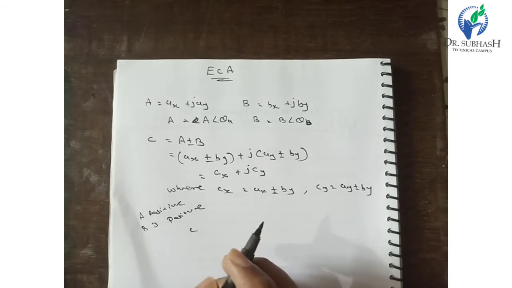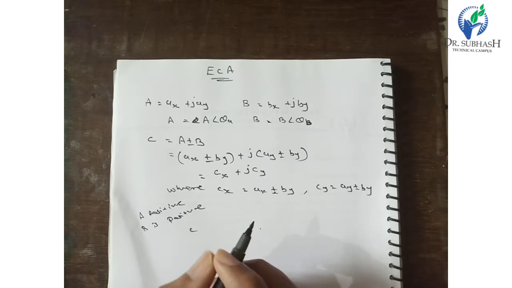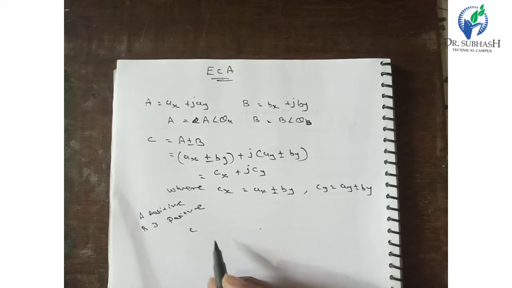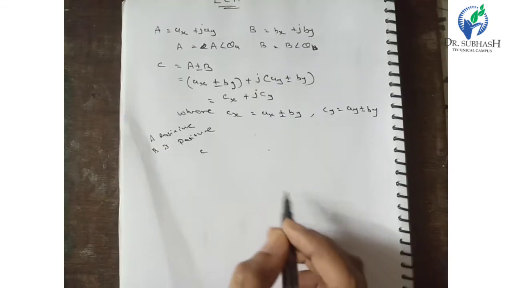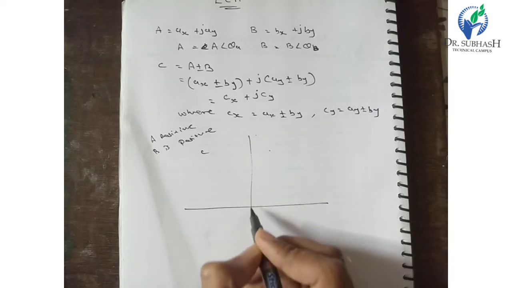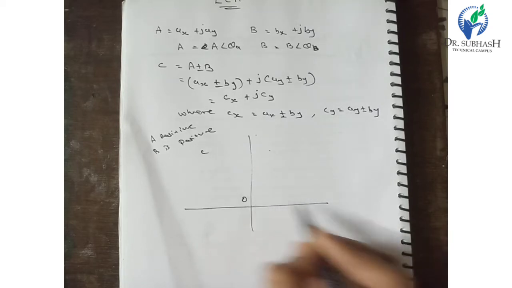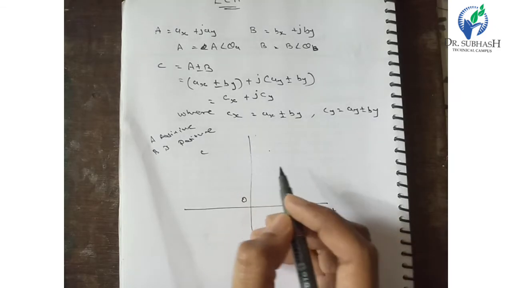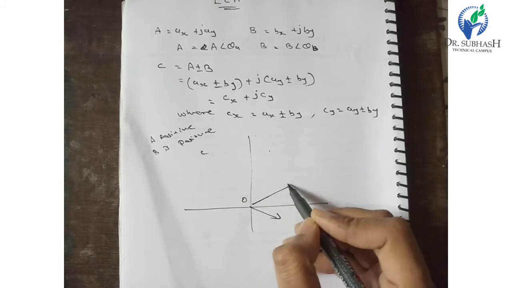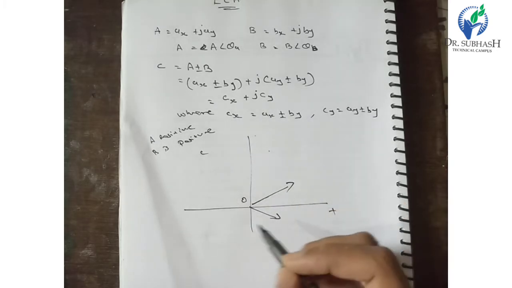Now we take the addition and subtraction of two phasors, both represented in polar form. Here we draw the graph of the values, with the output angle of them, and also the angle of them, which was used in the previous video lecture.